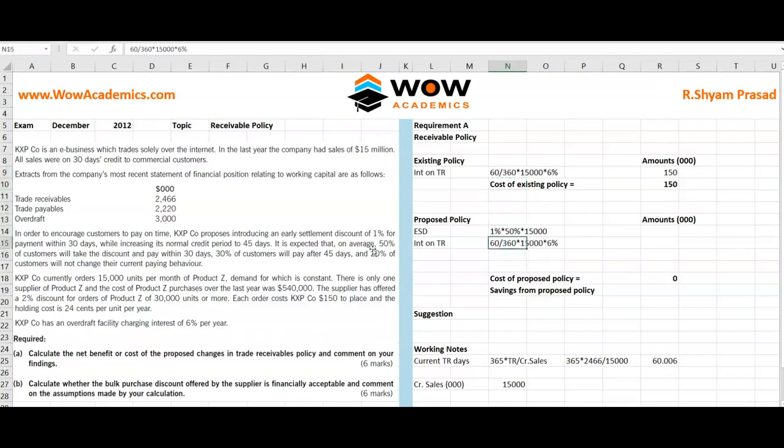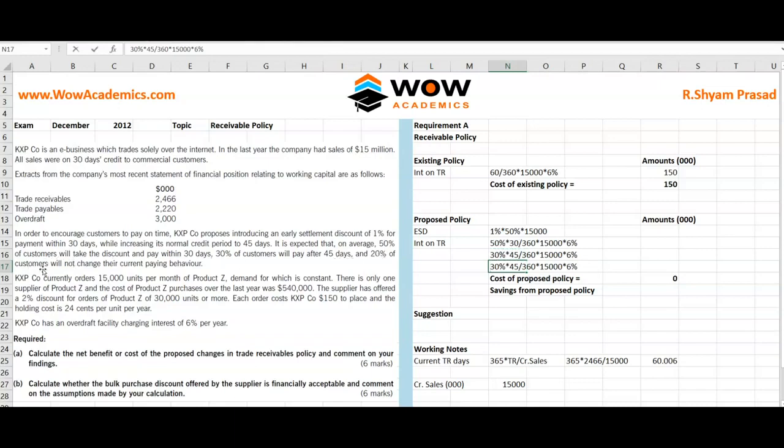It says 50% of the customers will take the discount and pay within 30 days. 50% of the customers are going to accept this and they will be paying in 30 days. So we'll get the answer for this. And there are going to be other customers. 30% of the customers will pay after 45 days, so we'll take 30% of the customers at 45 days.